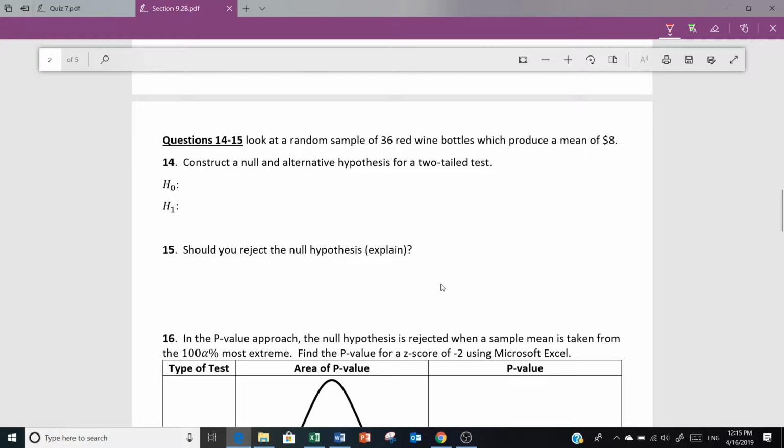Were we using 8 or 15? We always put the population mean in the null hypothesis. That was a trick. The population mean is 15. That was a trick to see if you remember which value goes in.